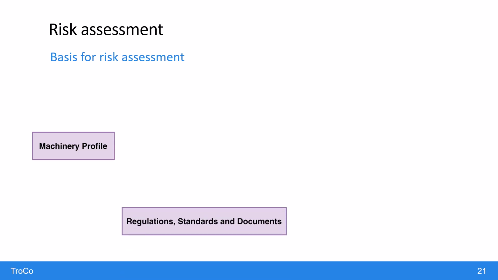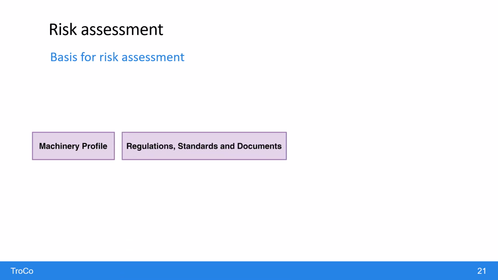To carry out a thorough risk assessment, we rely on several key sources of information. First, the machine profile. This includes user specifications, predicted machine specifications, past design documentation of similar machinery, and available usage guidelines. Second, regulations, standards, and documents. These cover relevant regulations, standards, technical specifications, and safety data sheets.